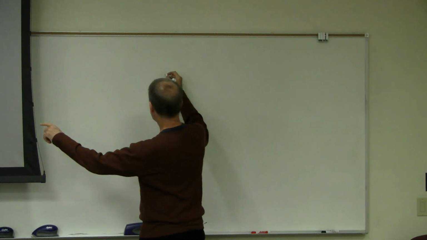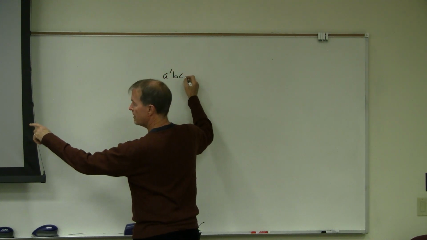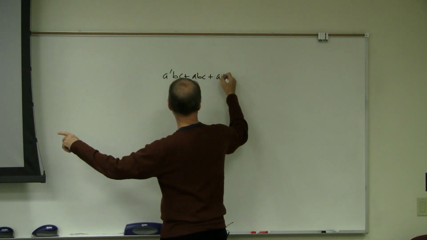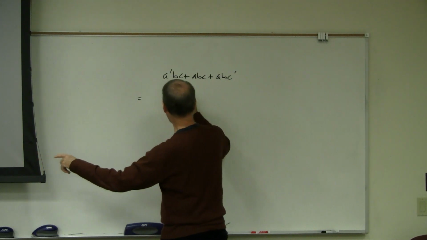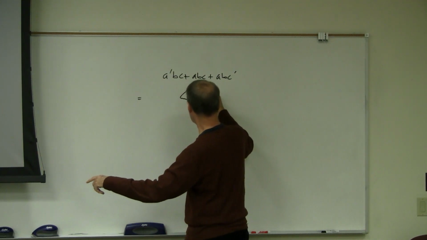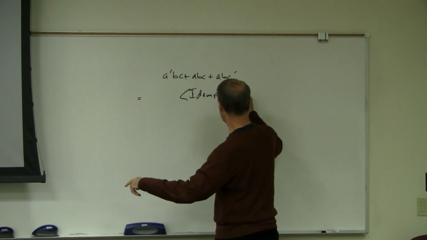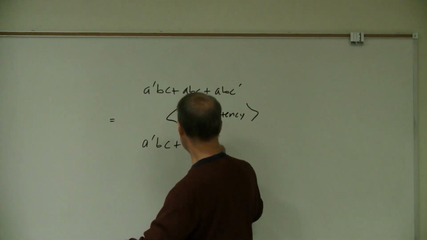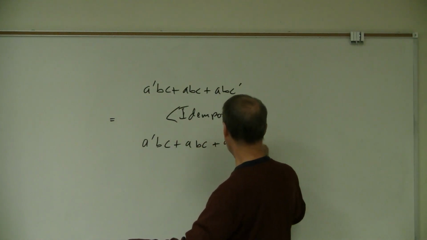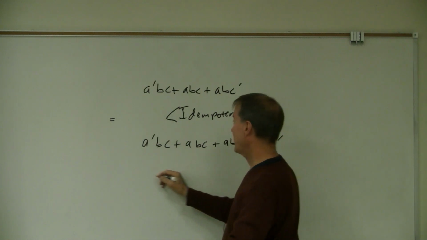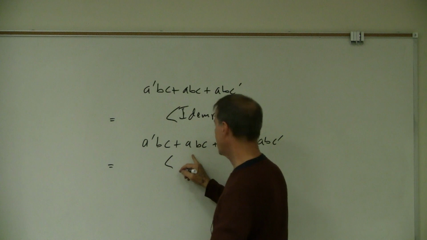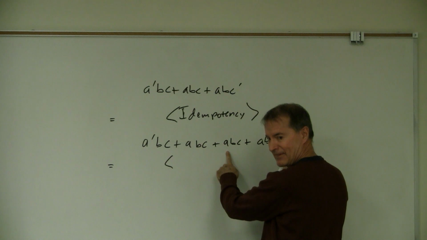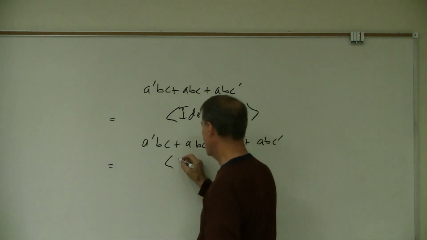So you'd actually have A prime BC or ABC or ABC again or ABC prime. And here you would have to use what? Distributivity twice, on this pair and then on this pair. Are you with me? So distributivity twice.